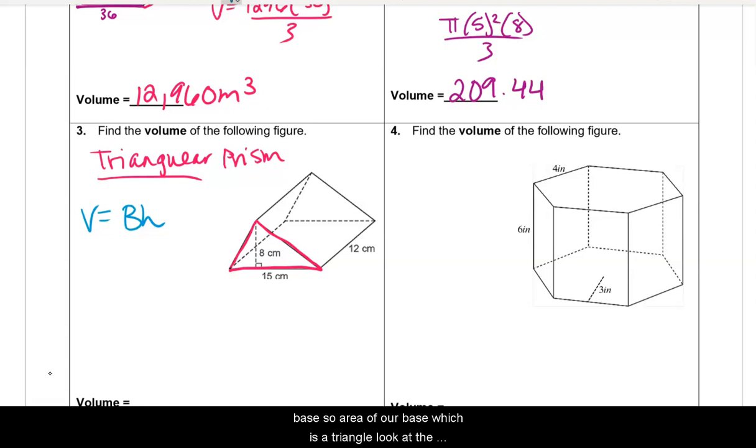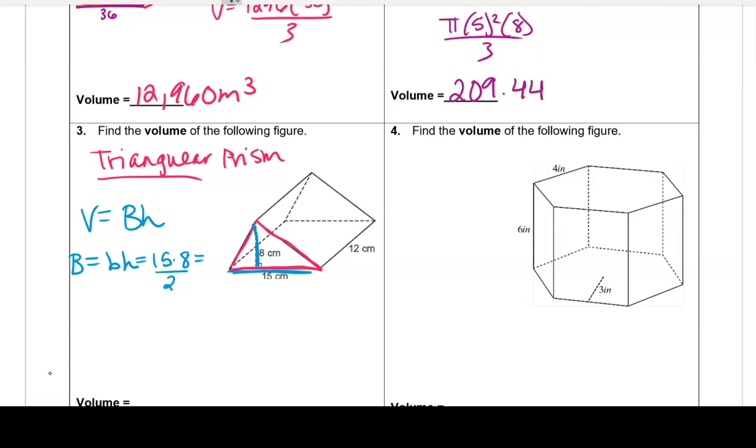For a triangle, we look at the back of our formula sheet to find that big B is the base of that triangle times the height of that triangle, divided by 2. So here the base of our triangle is 15, and the height is 8. That gives us a big B of 60.